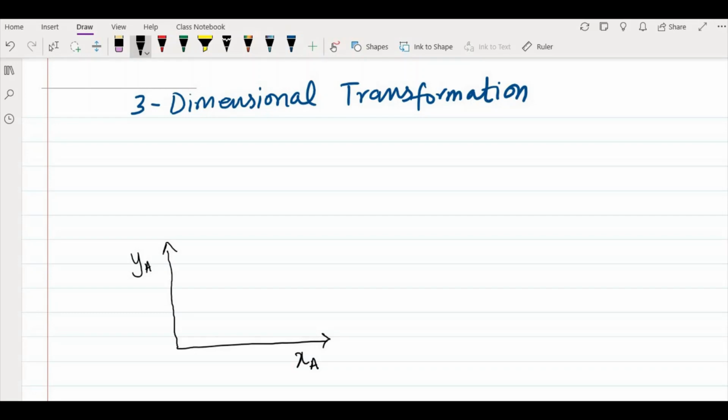And then this frame is rotated and translated somewhere here. I think it's too close. Let's draw it a little bit further.